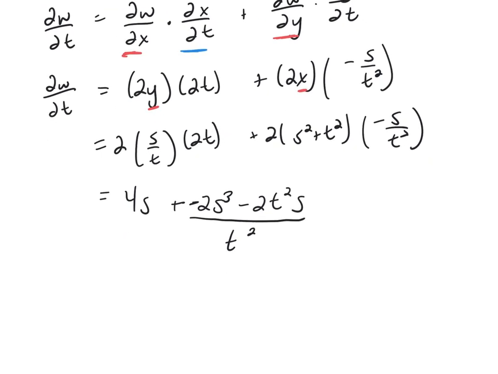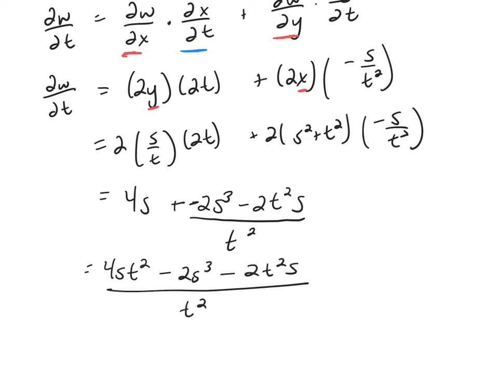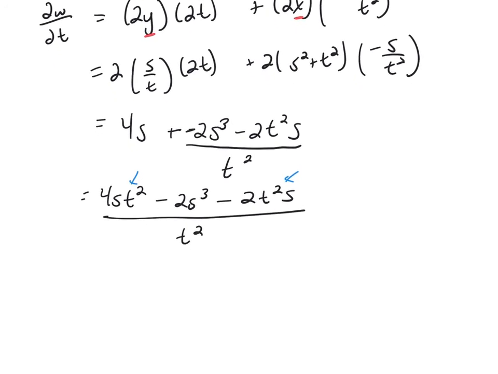So if I got a common denominator here, these two terms would simplify because they both have an s and a t squared in them. They're going to simplify down to 2st squared minus 2s cubed over t squared.